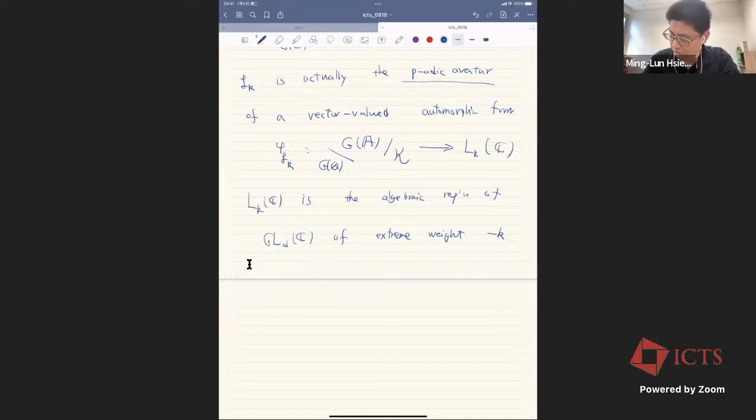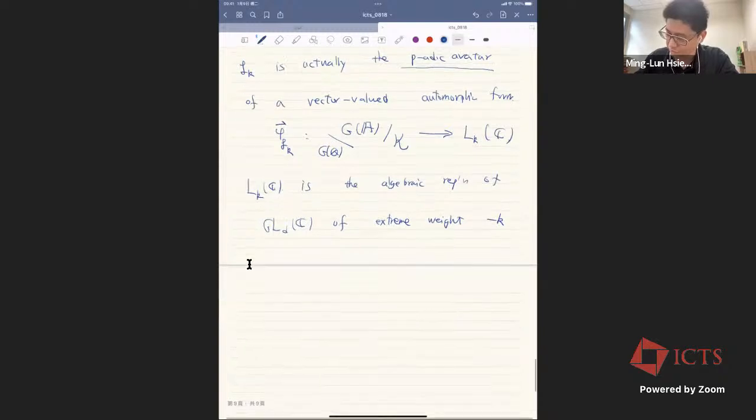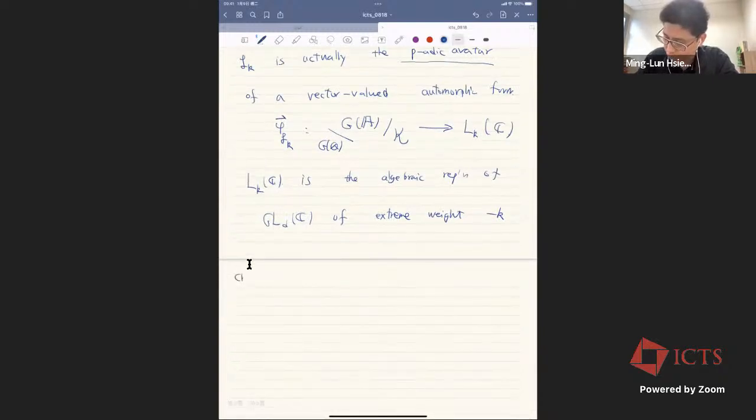And I pick, sorry, vector valued, so I should use this. Okay, and I choose L_{negative K} inside the dual.